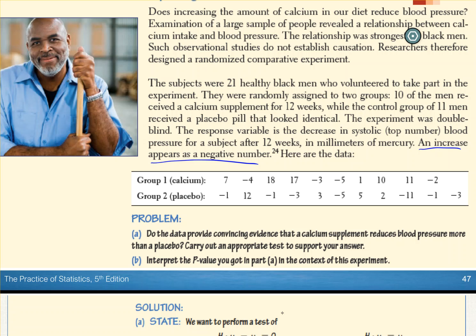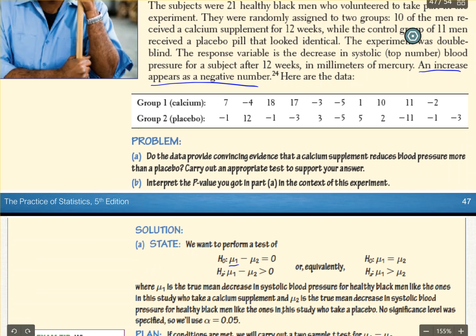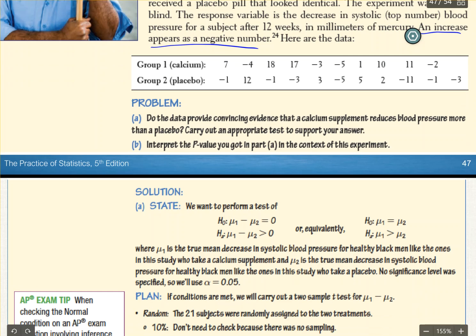All right, so the null hypothesis is that there's no difference, so that the average difference is equal to 0. Alternatively, we want to know whether the calcium does better. So instead of just saying not equal to, we want mu sub 1 minus mu 2 to be greater than 0, where mu represents the decrease in systolic blood pressure.